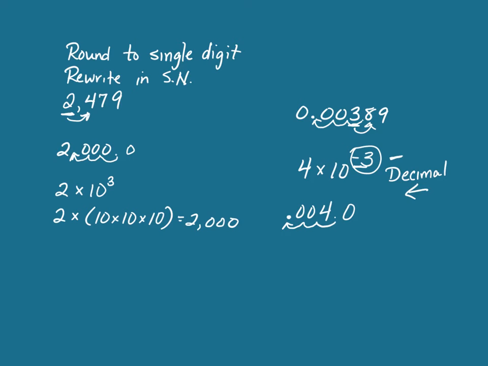I'm going to do one more example of that because I know that can be a little bit confusing. Let's say you have, let's do another really big number, 8,466,279.